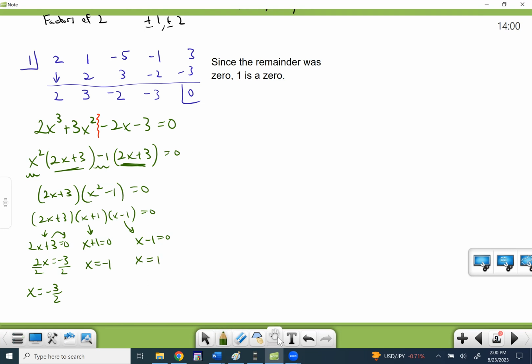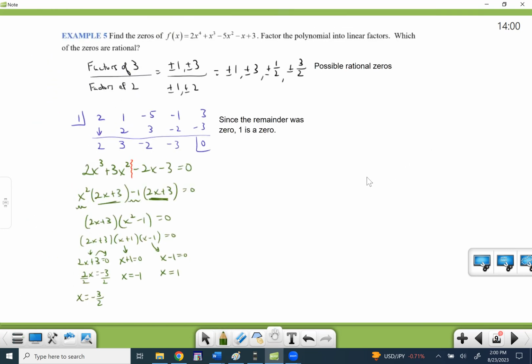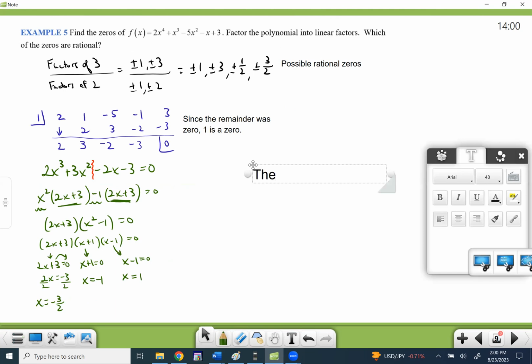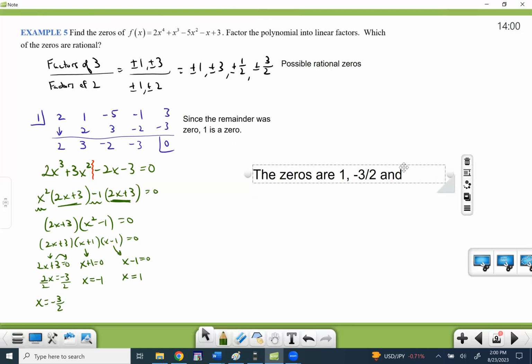Okay, so let me go in and make sure I've answered the question. Find the zeros. All right, so let's go ahead and answer that. The zeros are, well, remember, 1 worked. Negative 3 halves and negative 1, right?